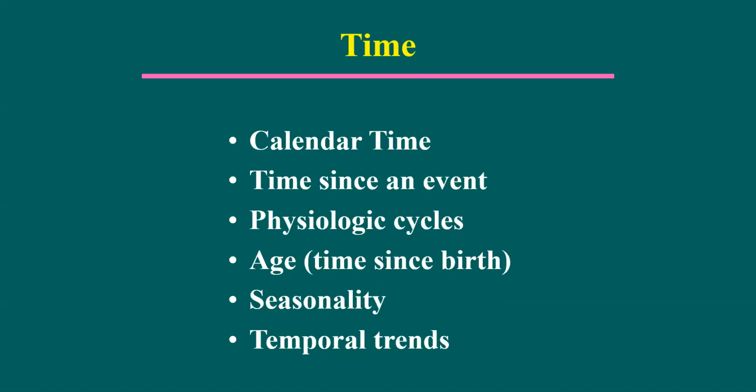There are some conditions which are affected by that. The other common physiologic cycle is the hormonal cycle. Some hormones tend to be higher at certain periods, and those hormones can predispose to the development of disease.